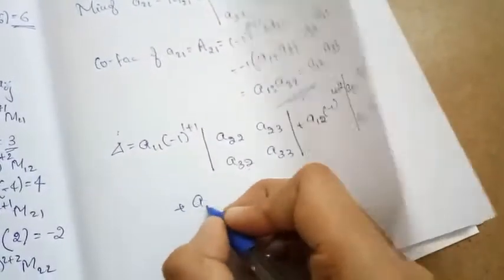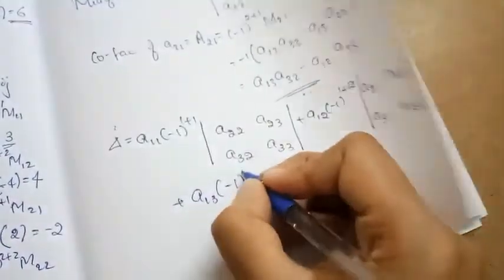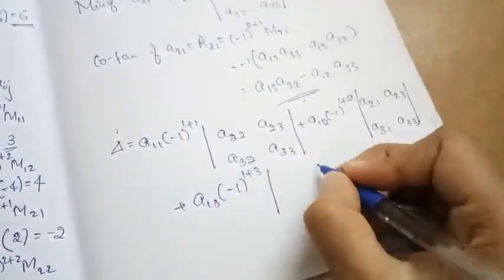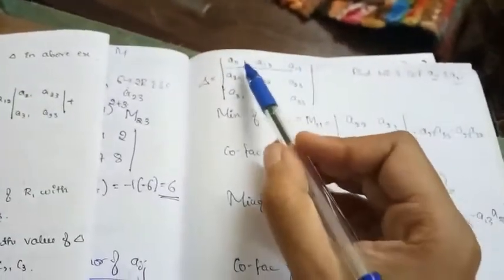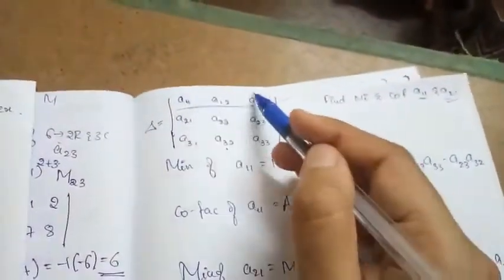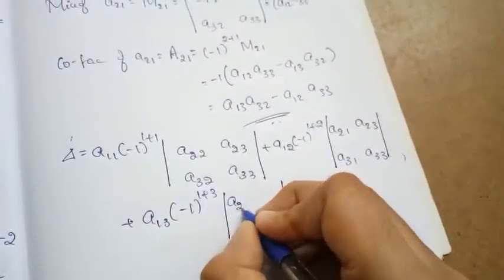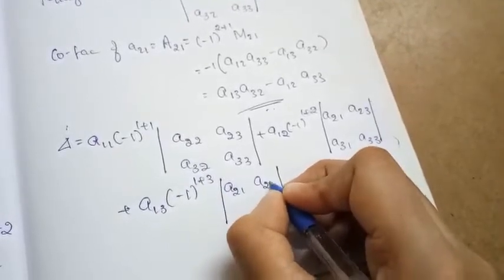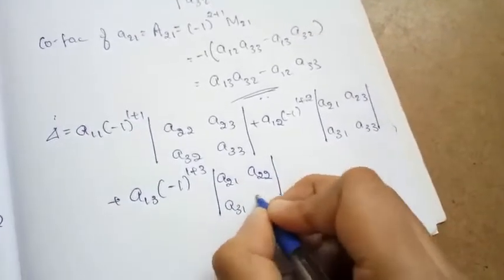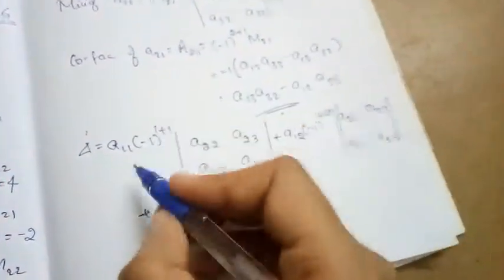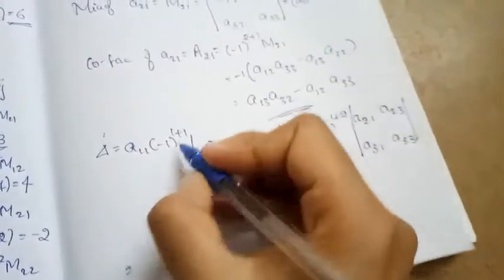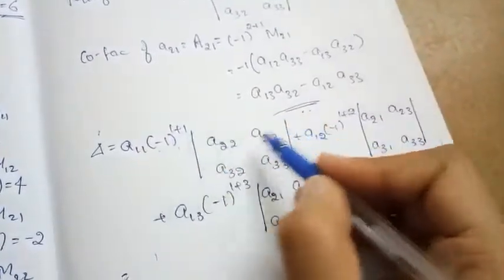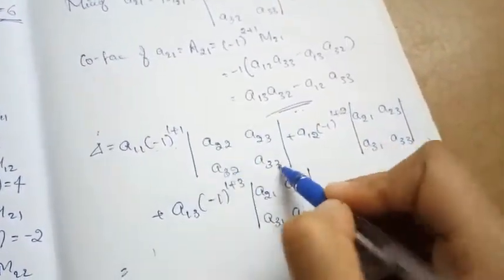Plus A13 times minus 1 to the power of 1 plus 3, times the determinant after deleting the row and column containing A13. So that is nothing but A21, A22 and A31, A32. So by looking at this you can write it clearly: minus 1 to the power 1 plus 1, A22, A23, A32, A33.